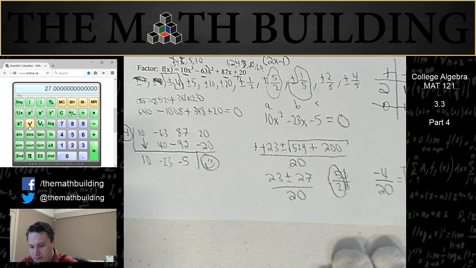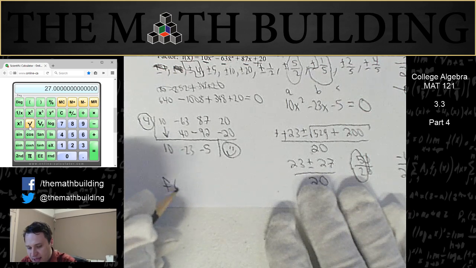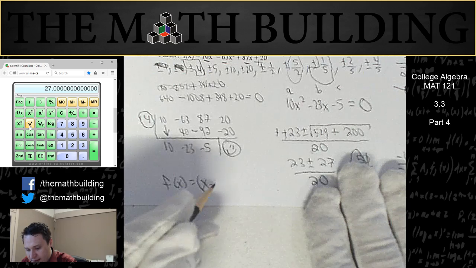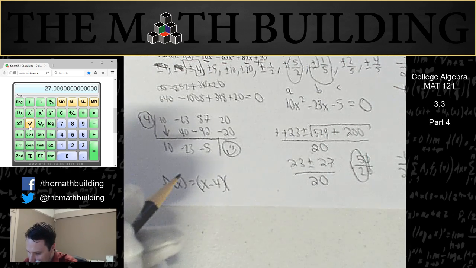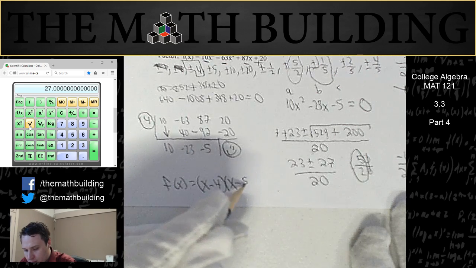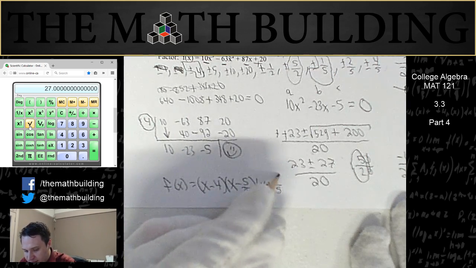So there you go. So let's factor this. If we factored it, it would be f of x is equal to, our first root was 4, so x minus 4, times x minus 5 over 2, times x plus 1 over 5.